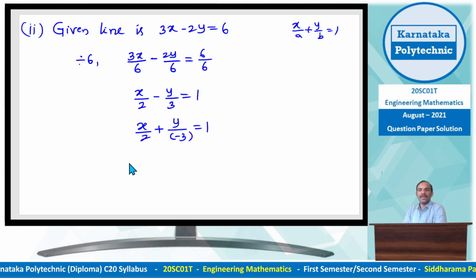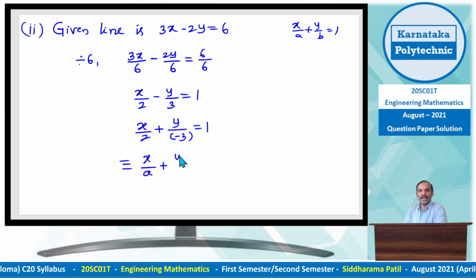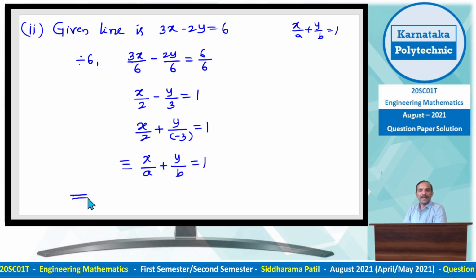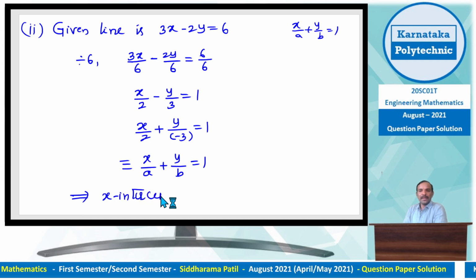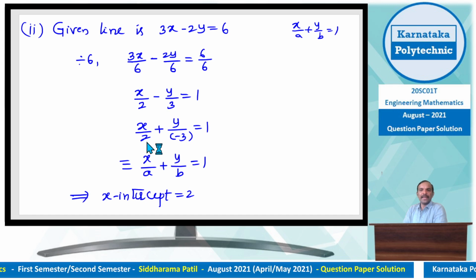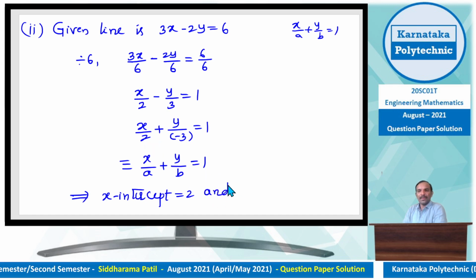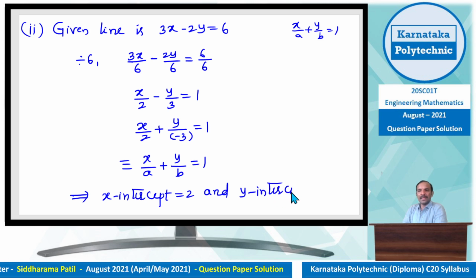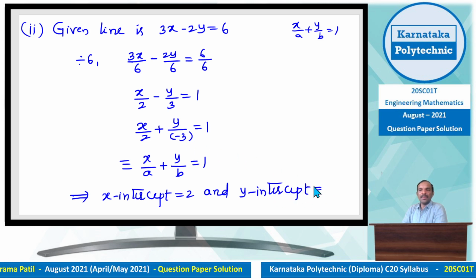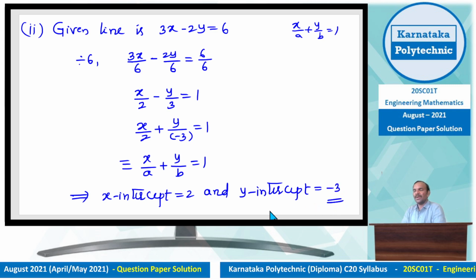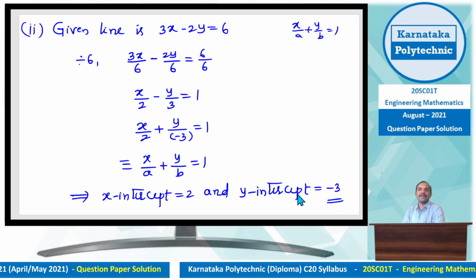Comparing with x by a plus y by b equal to 1, the x intercept is 2, and the y intercept is minus 3. So 2 and minus 3, it is method number 1.